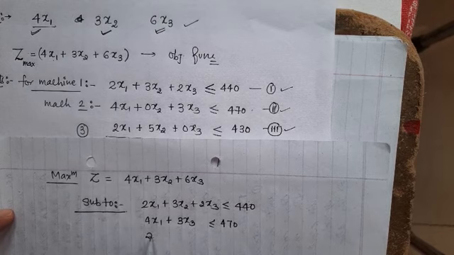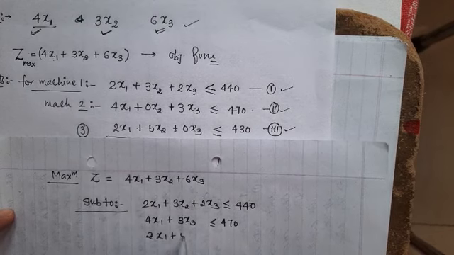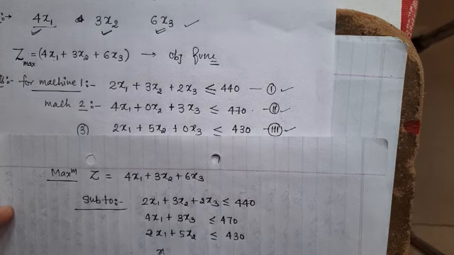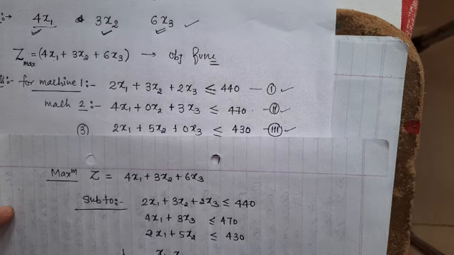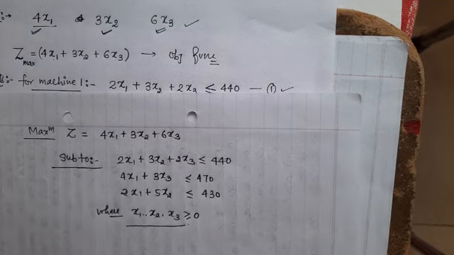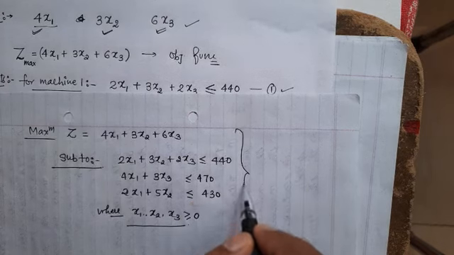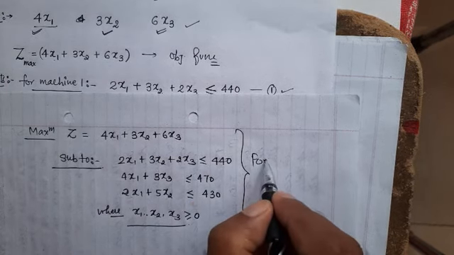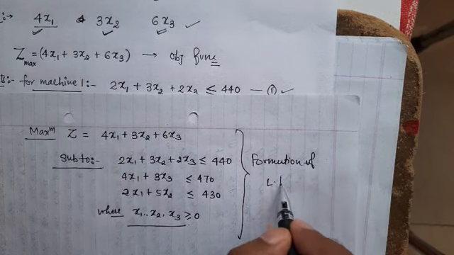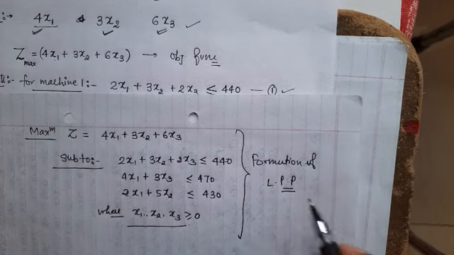Constraint 3: 2x1 plus 5x2 less than or equal to 430. And x1, x2, and x3 are non-negative. So this is the complete formulation of the LPP. Thank you.